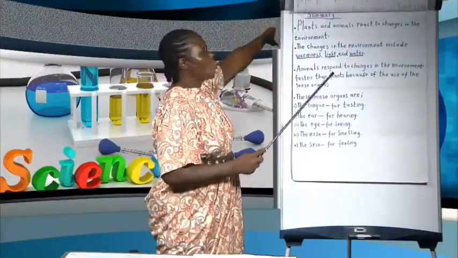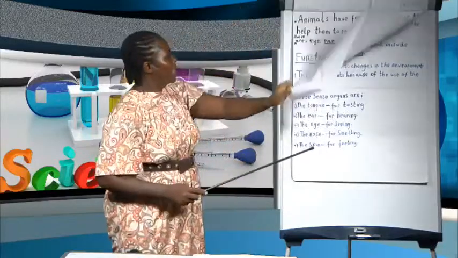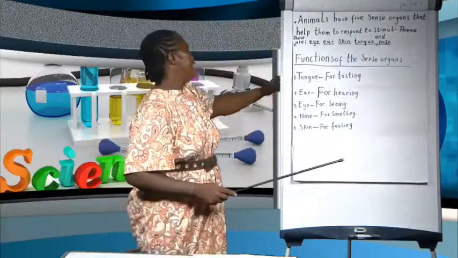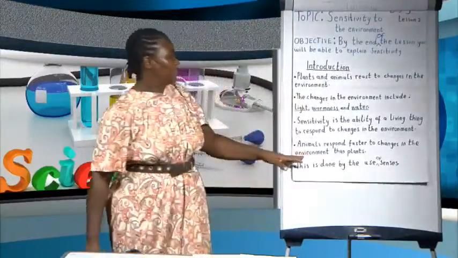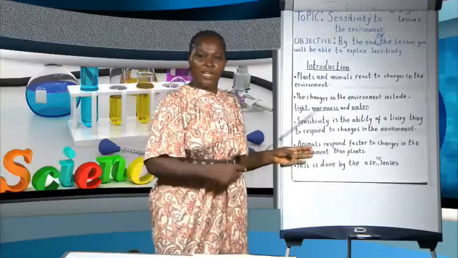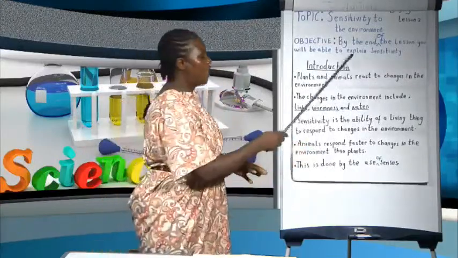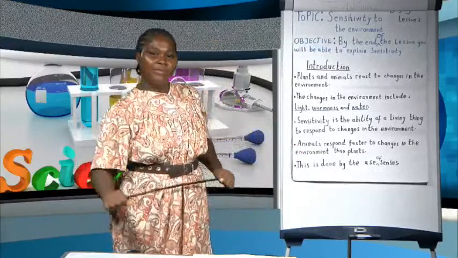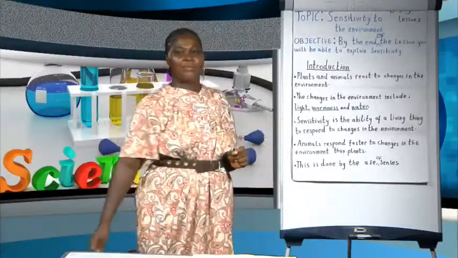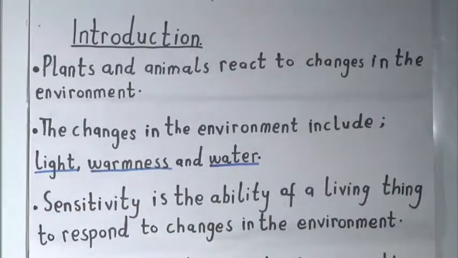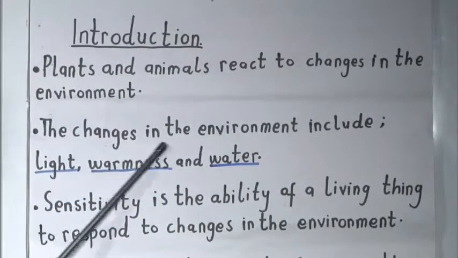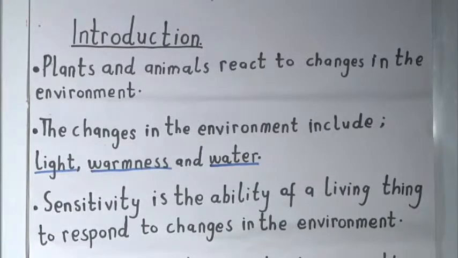Now, before we go to our summary, let's look at what we have learned on our screen. The introduction. Plants and animals react to changes in the environment. The changes in the environment include light, warmness, and water.